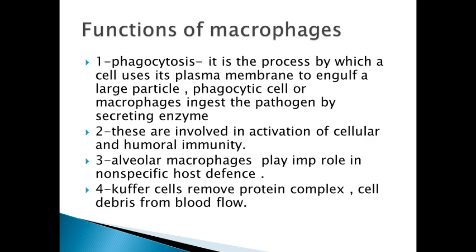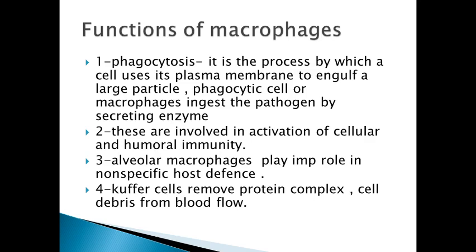Now, when we see the three types of macrophages, what is the combined role of all these macrophages? The first role is phagocytosis, which, as we know, is the process by which the cell utilizes the plasma membrane to engulf a large particle, and phagocytic cells or macrophages ingest the pathogen by secreting enzymes.